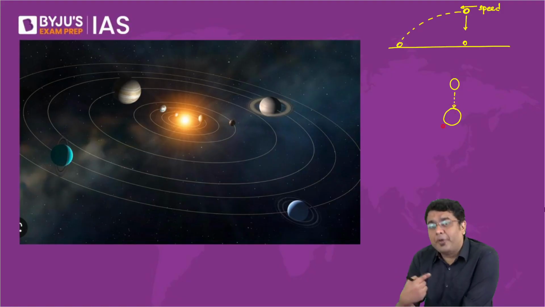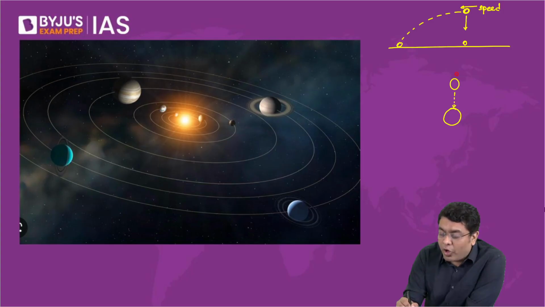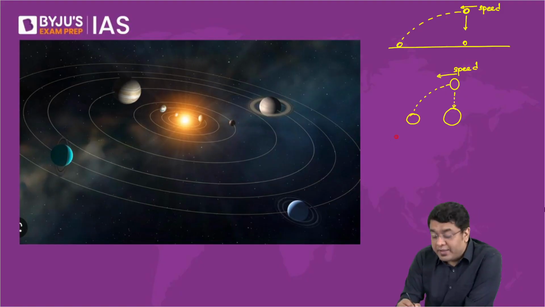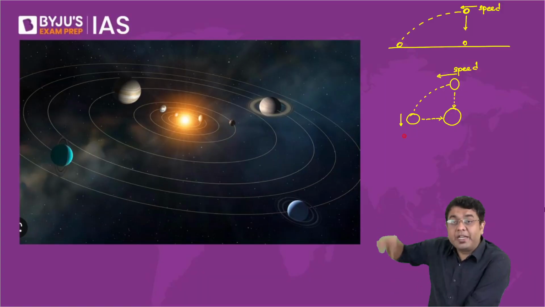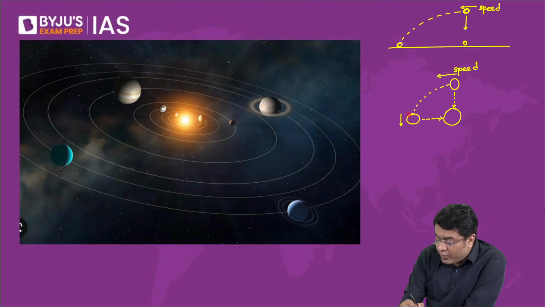But since the time of its formation itself, the planet has got a certain amount of speed. So, where will it fall? It will fall somewhere here. Here again, there will be a force of gravitation acting towards the center. But again here, as it has come to this point, it has gained some speed, because when any object falls, it gains some speed, doesn't it?